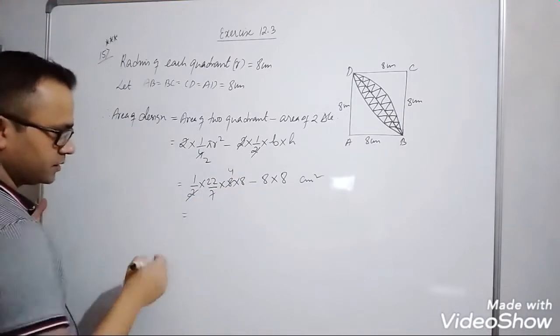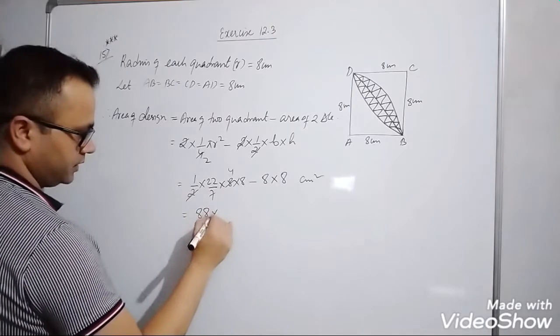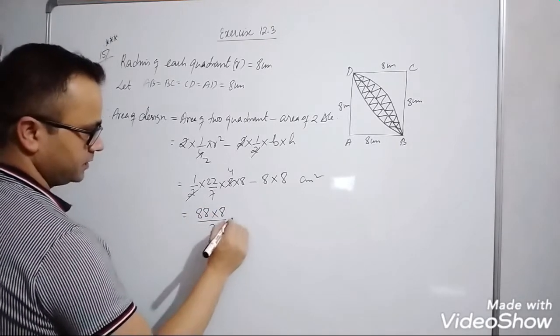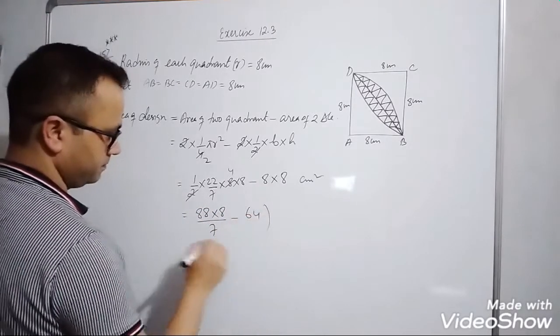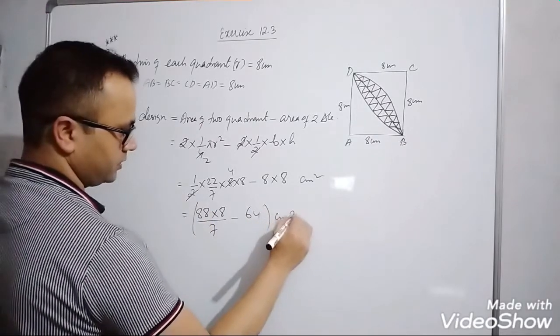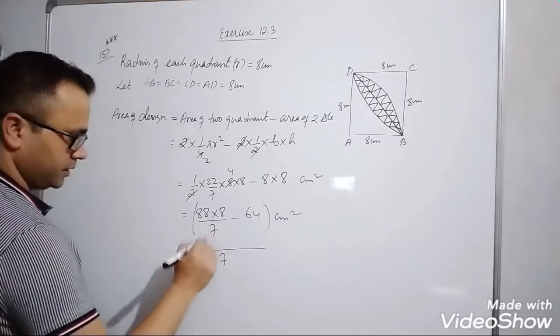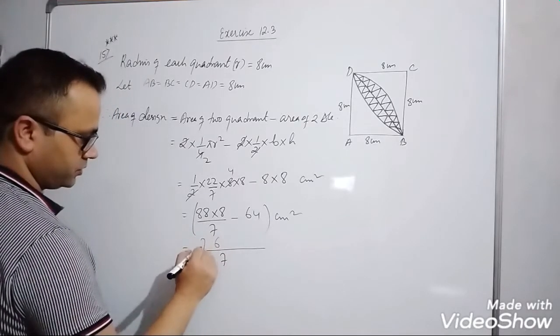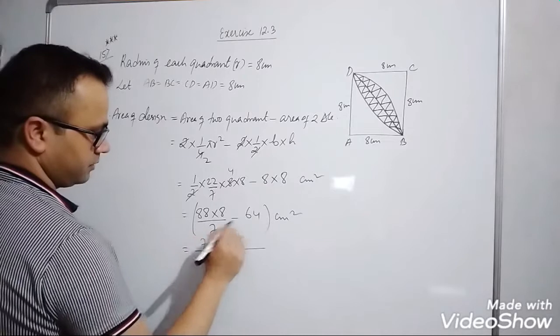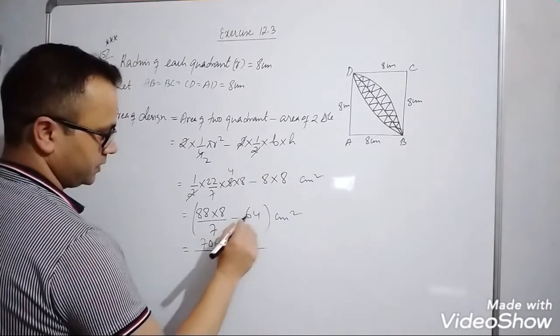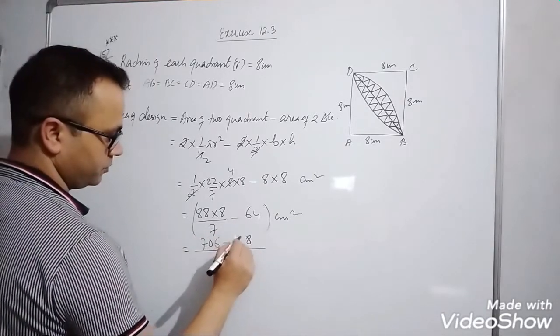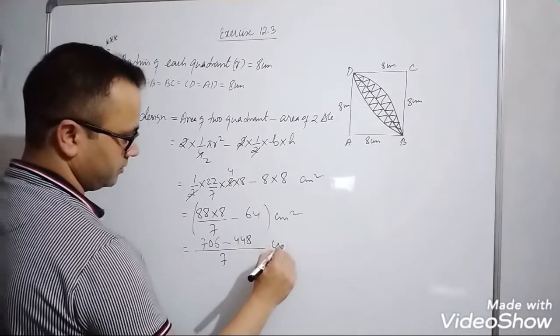Now multiply this. 88 into 8 divided by 7 minus 64 centimeter square. Now we can take LCM as 7. 7 is LCM. 8 is 64. 8 is 64. 706 minus 7 428. 7 6 42. 448 centimeter square.